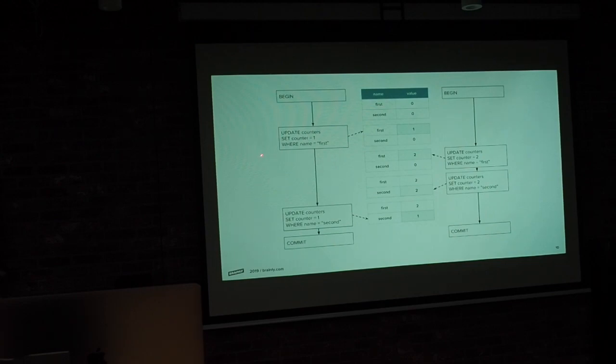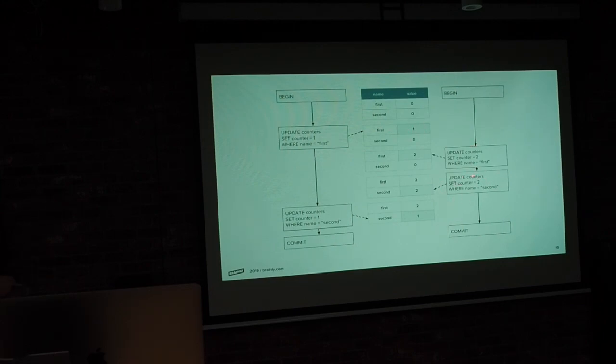So the left transaction starts, then updates the first counter, and the value is set to 1. Then the database switches the processing from the left transaction to the right transaction. So it starts, then it updates the first counter with number 2, which overrides the value of the previous write.